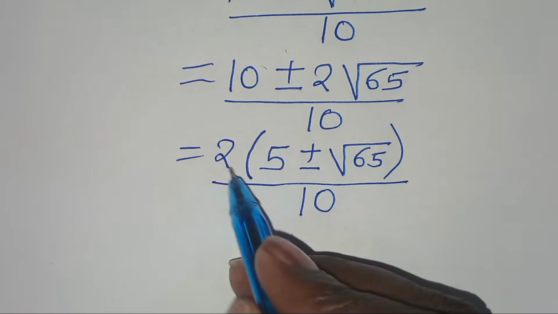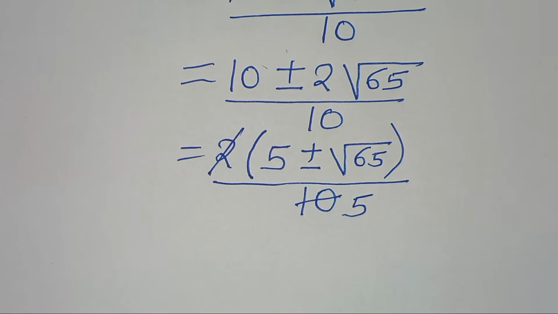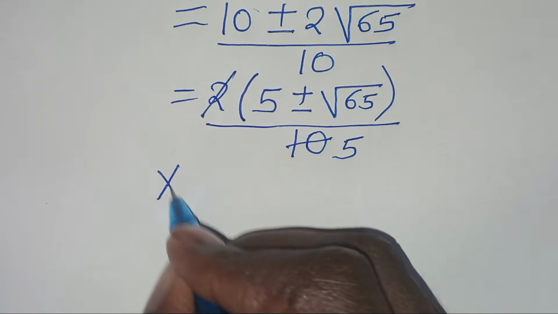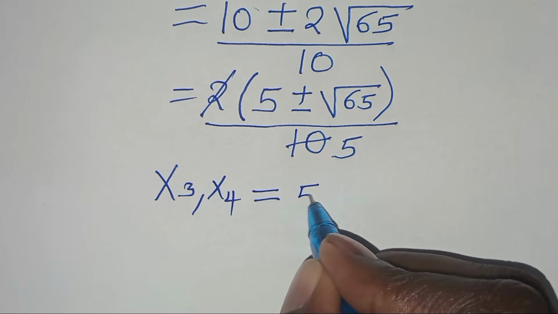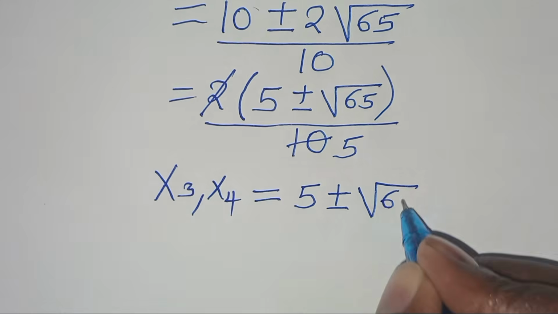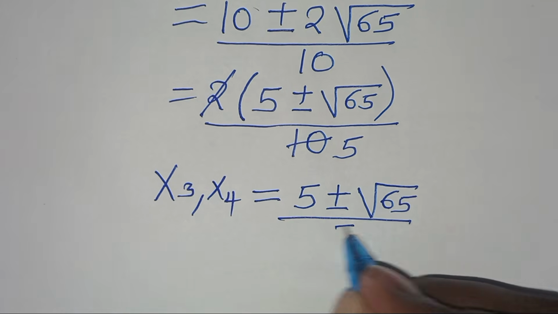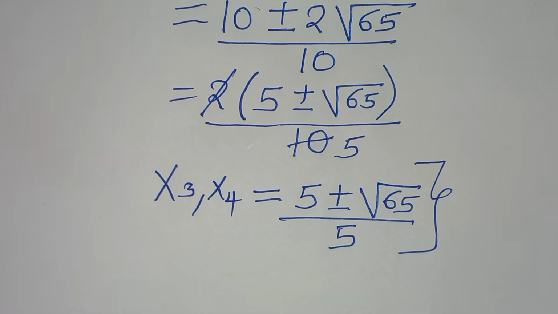So let's simplify here. 2 divided by 2 is 1. 10 divided by 2, this is 5. So we have x3, x4 equal to 5 plus or minus square root of 65, divided by 5. This is x3 and x4.